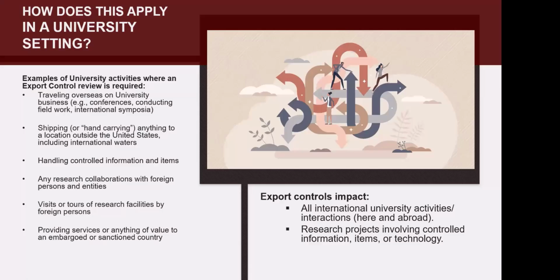And so we have to be sure that we are not providing that service for someone or an entity or in a country that is embargoed or sanctioned. So basically, what it boils down to is all international activities and interactions and all research projects involving controlled information, items, or technology have an export control review requirement.